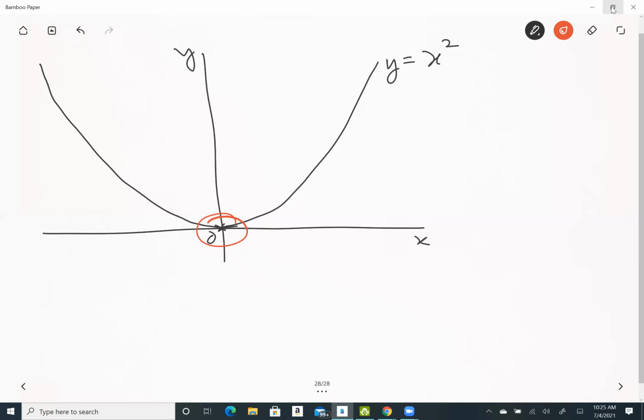I give you another example. I would like you to do example number 2. I give you also a quadratic function. Let's say y equal to negative 3x squared plus 12.